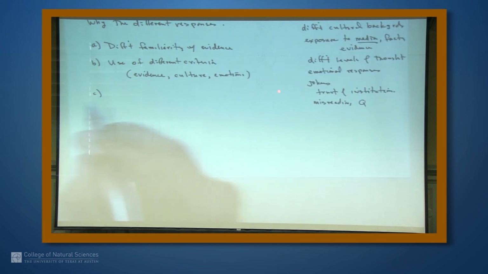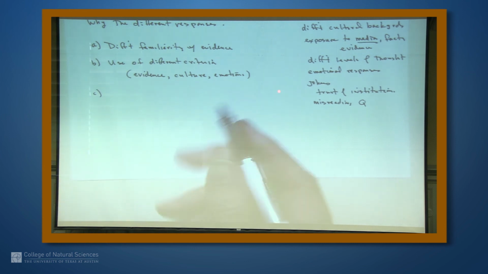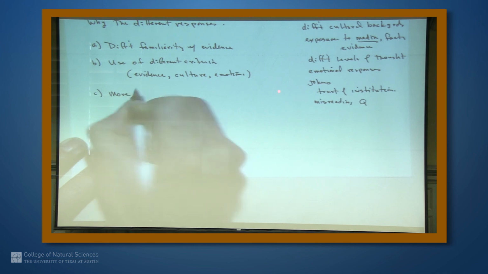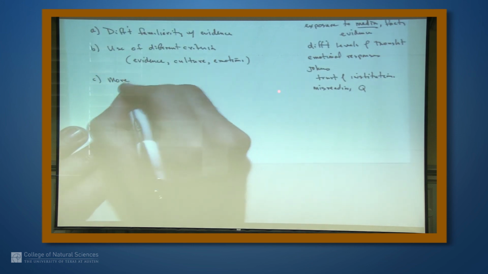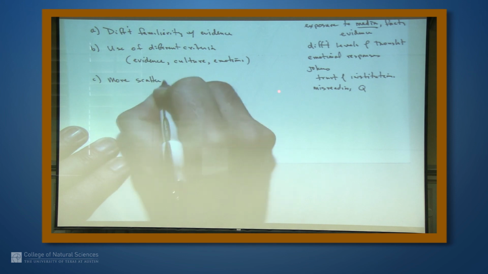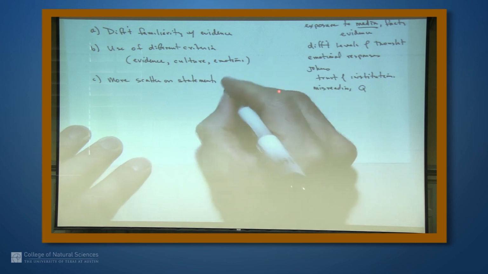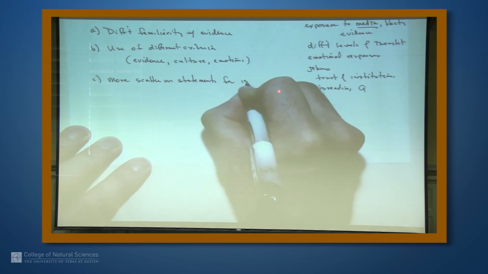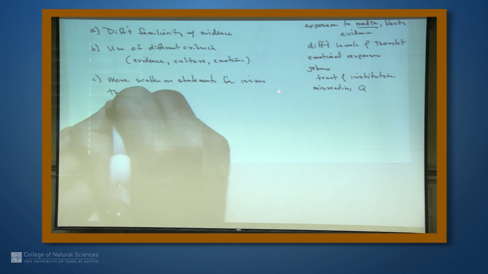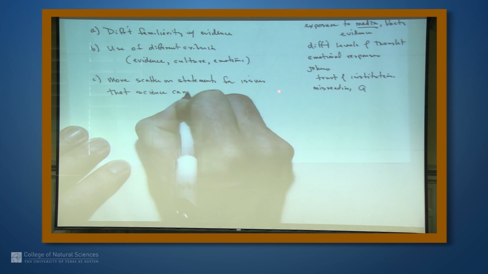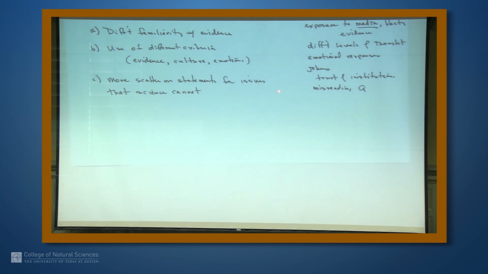The third point for now, we're going to have a fourth one, but we're going to pause for a minute, is I think an observation that there's actually more scatter on statements for issues that science cannot disprove than on things for which we can say we have actual evidence.